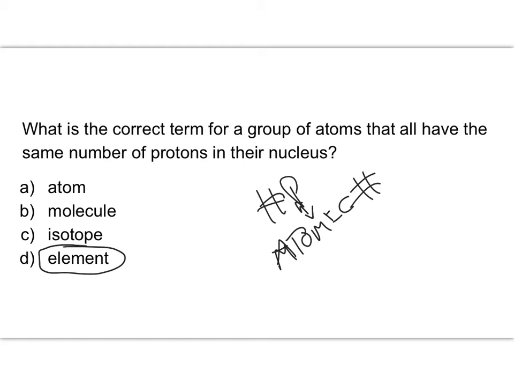Okay, all atoms with equal numbers of protons are the same element. Anything else that changes, either the neutrons or the electrons, does not alter the fact that all atoms with 6 protons, every single one of those is carbon. Doesn't matter how many neutrons and electrons they have. If it's got 6 protons in its nucleus, it's carbon. End of story. So the number of protons defines the element.